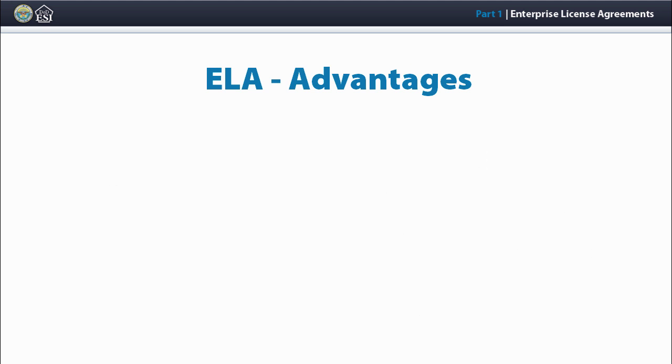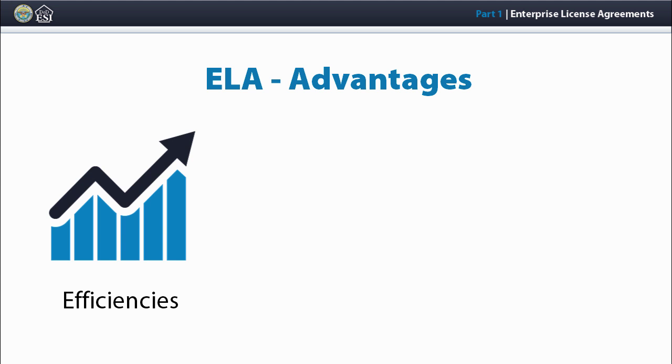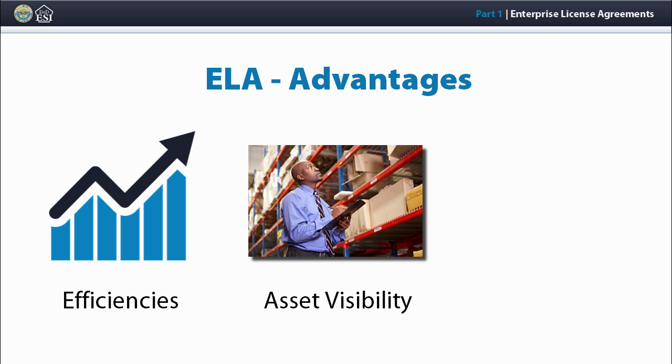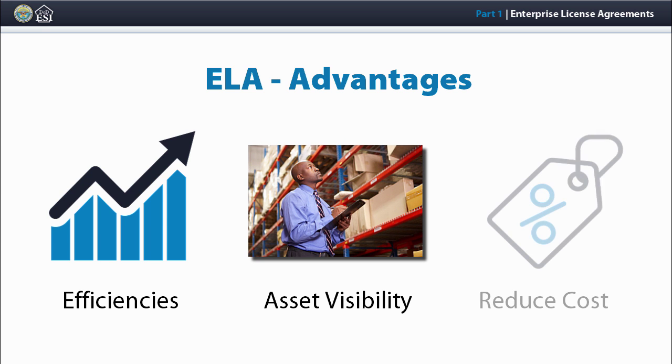There are many advantages to an enterprise license agreement. In most circumstances, ELAs have been awarded to achieve efficiencies, enable clearer asset visibility, and reduce the costs to acquire, maintain, and manage software.